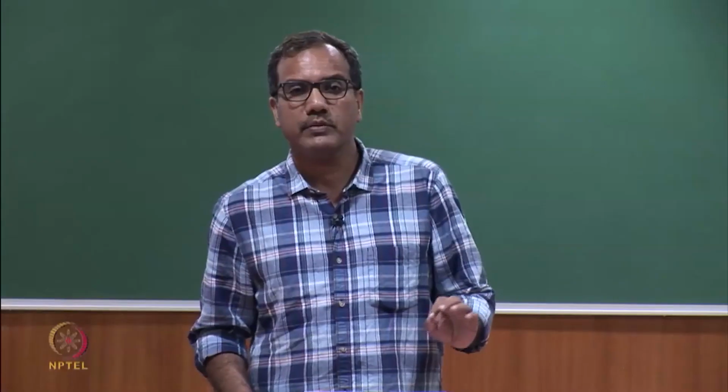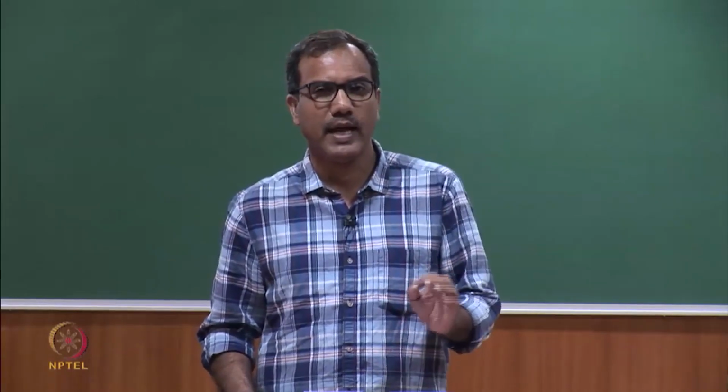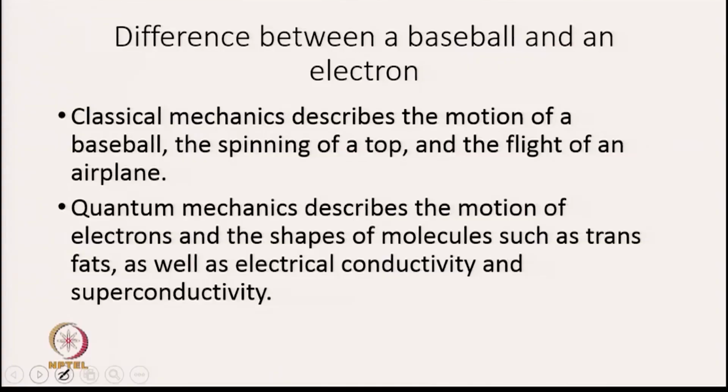Now, there is an important difference between a macroscopic particle and an electron. An electron is a microscopic particle. Classical mechanics describes the motion of a baseball, the spinning of a top, and the flight of an airplane.